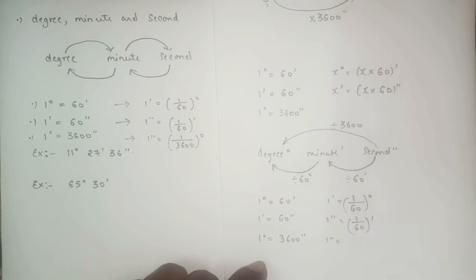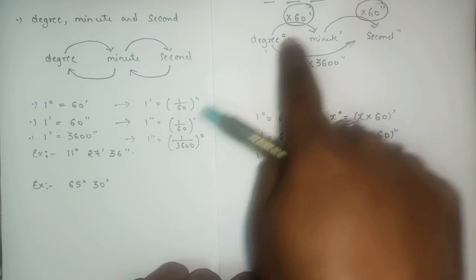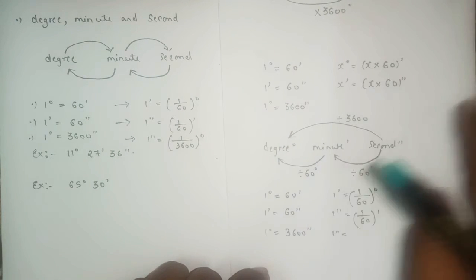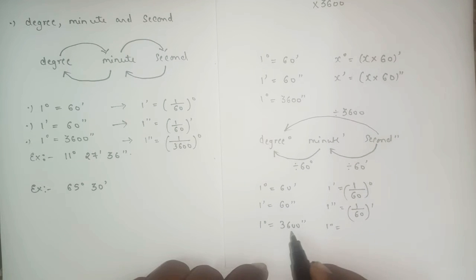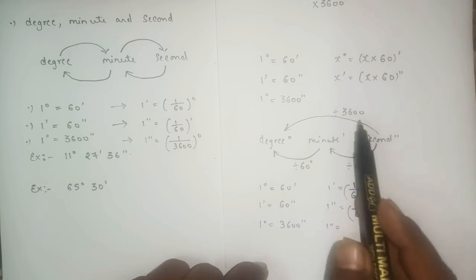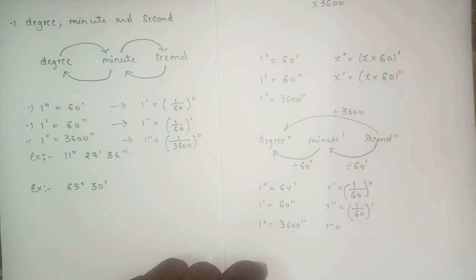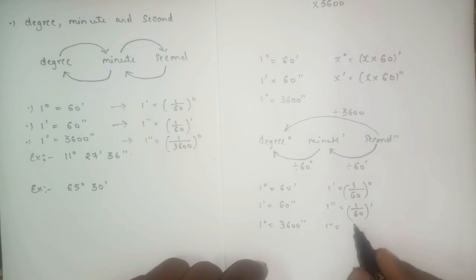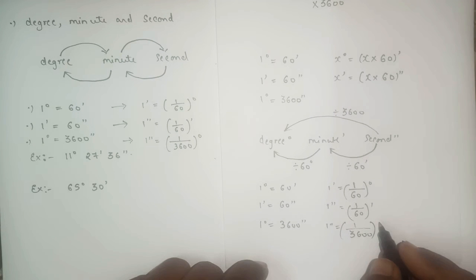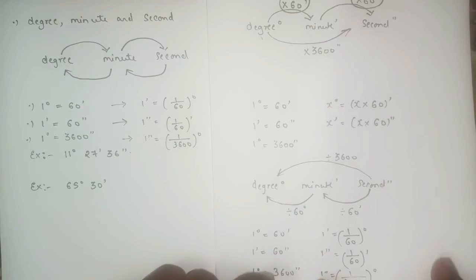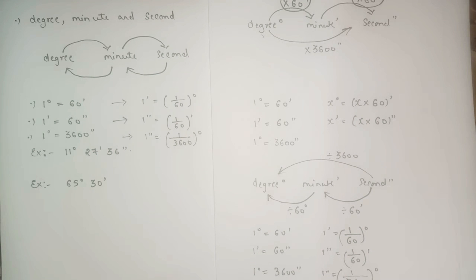Got the idea? In this direction, multiply, and when it is coming back, we have to divide. So 1 degree is equal to 3600. Why 3600? 60 times 60 will be 3600 only. So 1 upon 3600, divided by 3600, directly it will get converted into degree. So this is the relation between degree, minute and second.